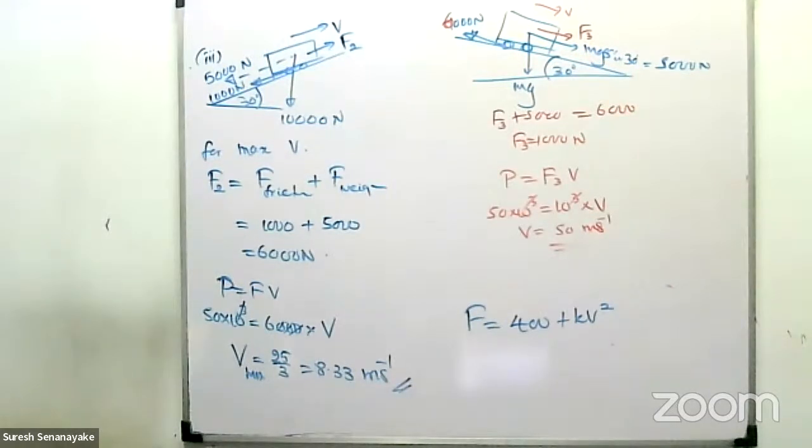At speed v equals 15 meters per second, the resistive force F is 1100 newtons. Then calculate for this car the power necessary to maintain the speed of 15 meters per second, the total resistive force at speed 30 meters per second, and the power required to maintain the speed of 30 meters per second.